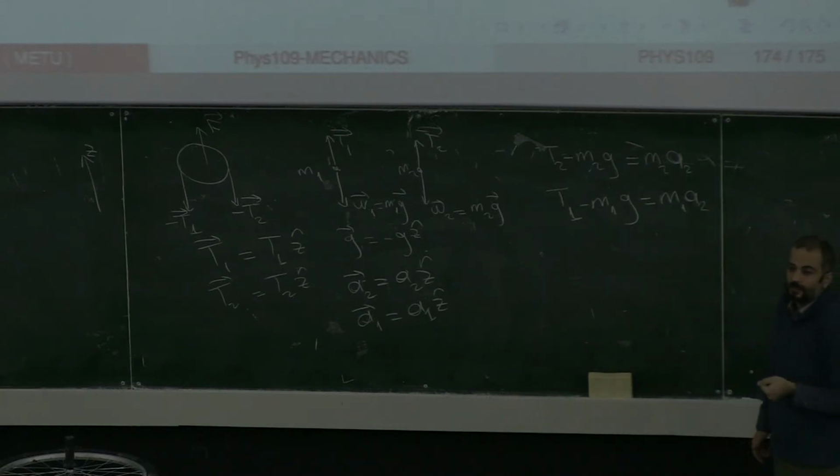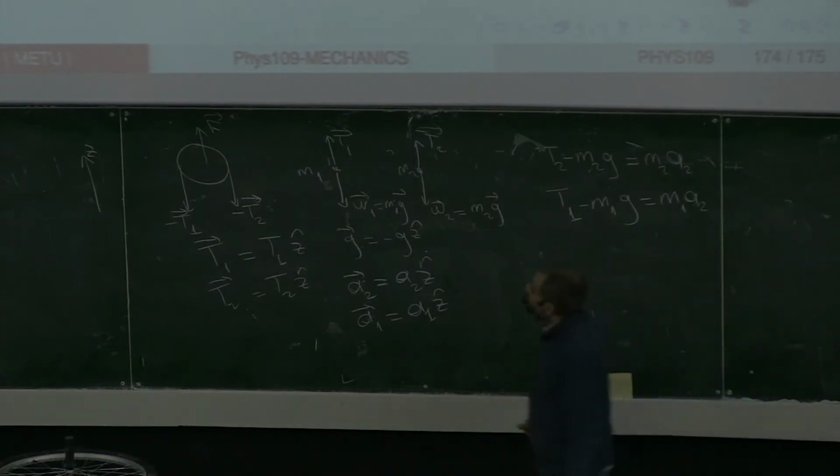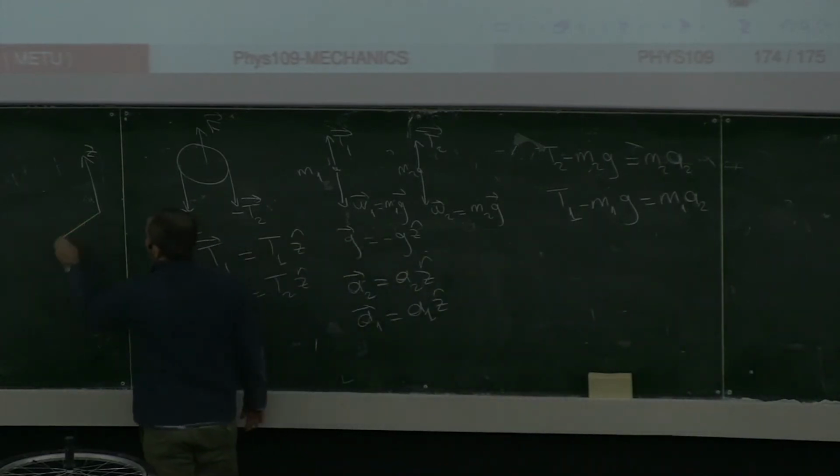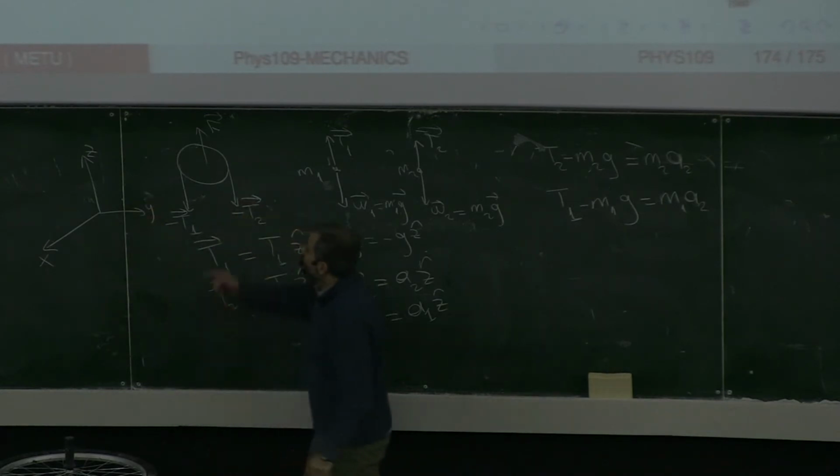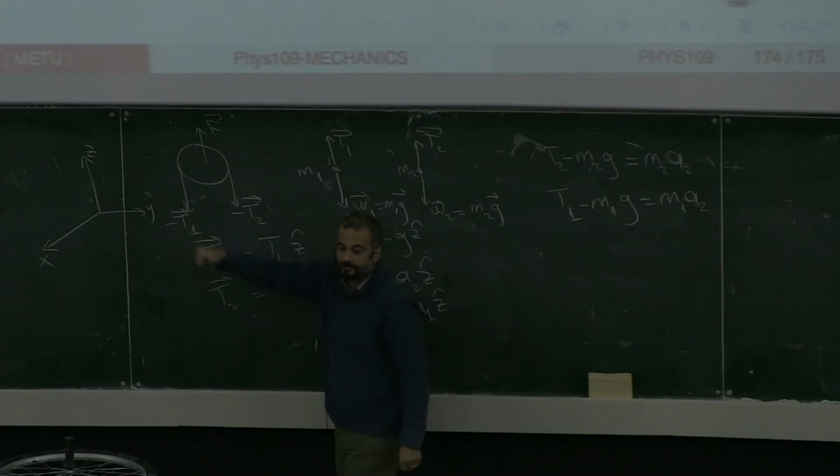Now the next thing is the torque acting on my pulley. So let's just take the x-axis to be in this direction. This is your x-axis, this is the y-axis. So the torque created by this tau 1 will be in the positive x-axis.